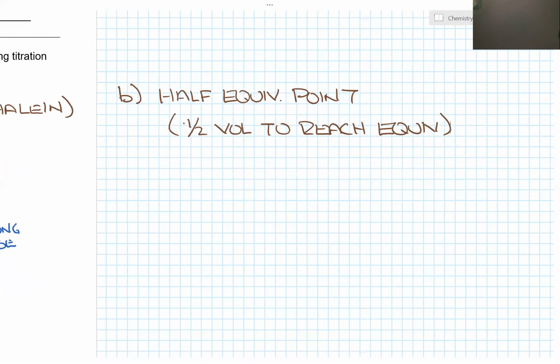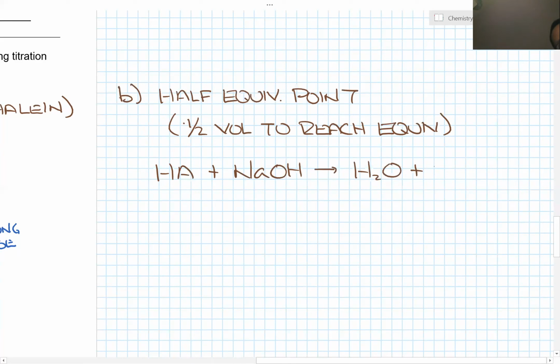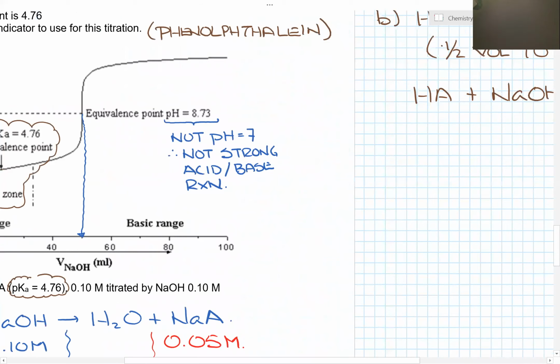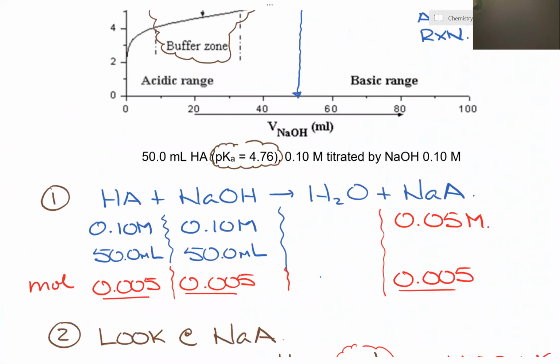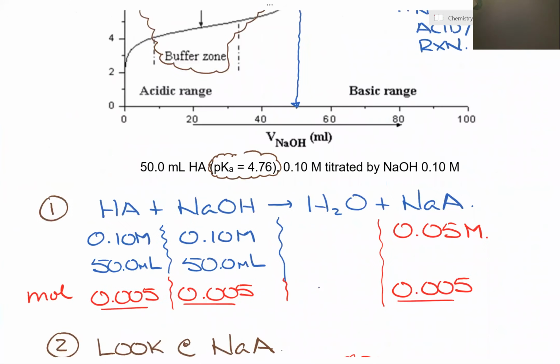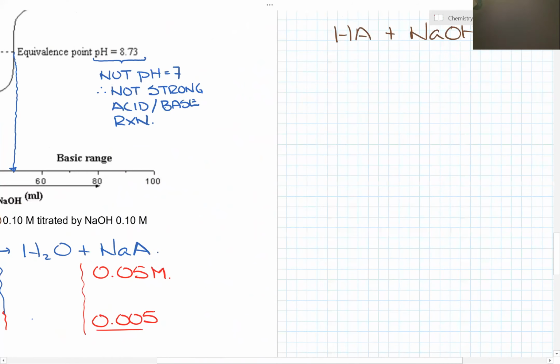So let's write out our equation again. So we have HA plus NaOH would give us water and NaA. We're going to set it up like how we set up the equation here for number 1, but there's going to be a key difference.